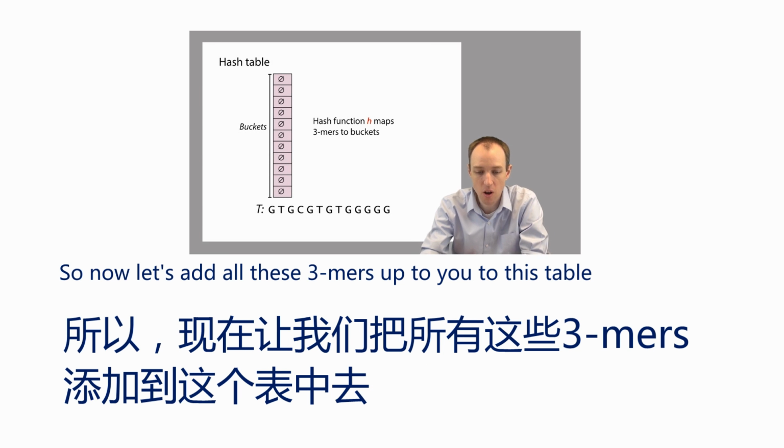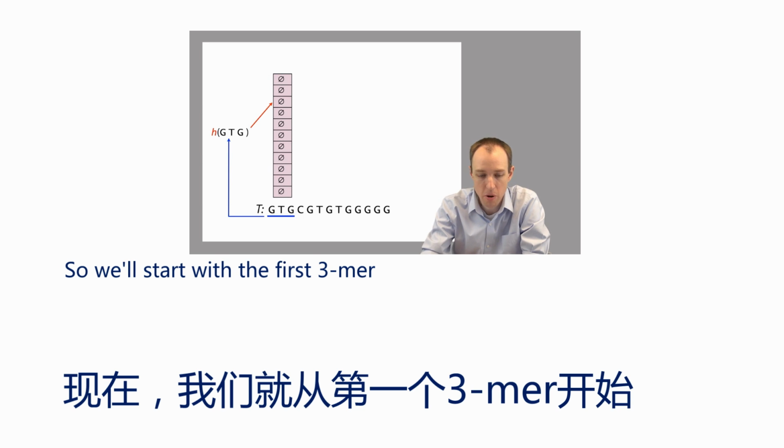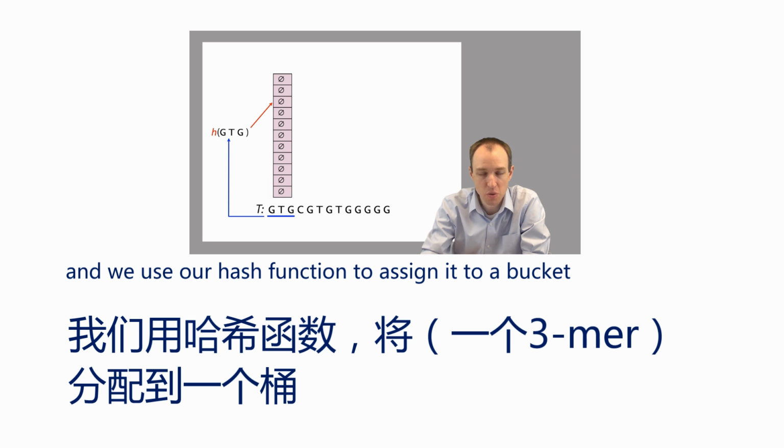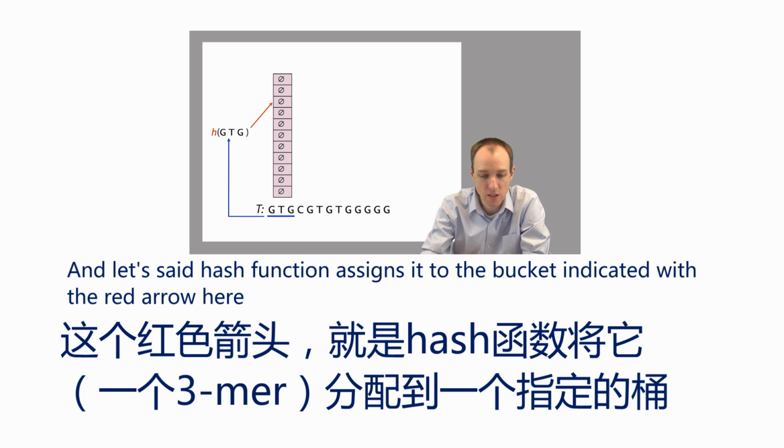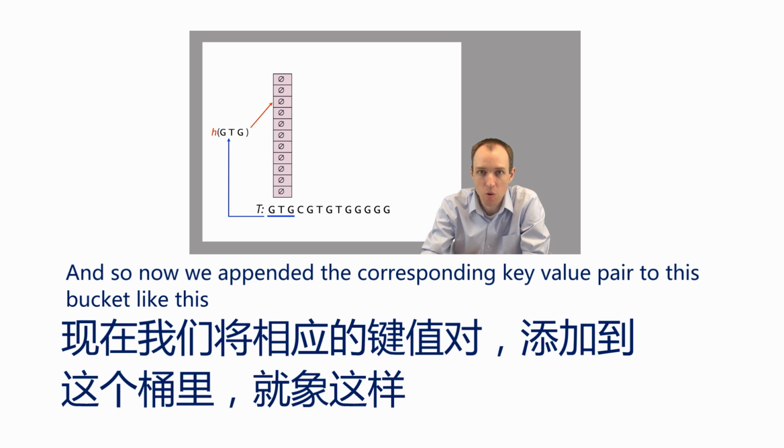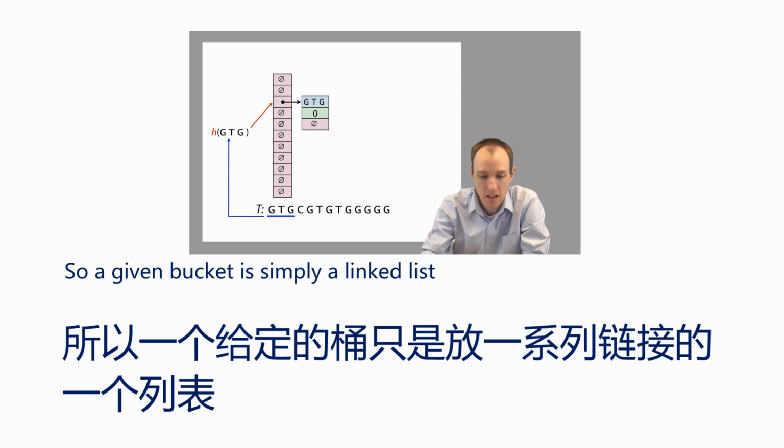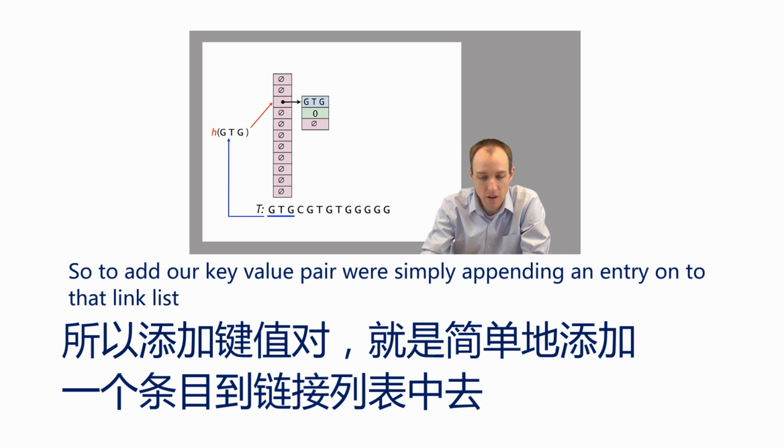So now let's add all of the threemers of T to this table. We'll start with the first threemer, and we use our hash function to assign it to a bucket. Let's say the hash function assigns it to the bucket indicated with the red arrow here. And so now we append the corresponding key value pair to this bucket, like this. A given bucket is simply a linked list, so to add our key value pair, we're simply appending an entry onto that linked list.